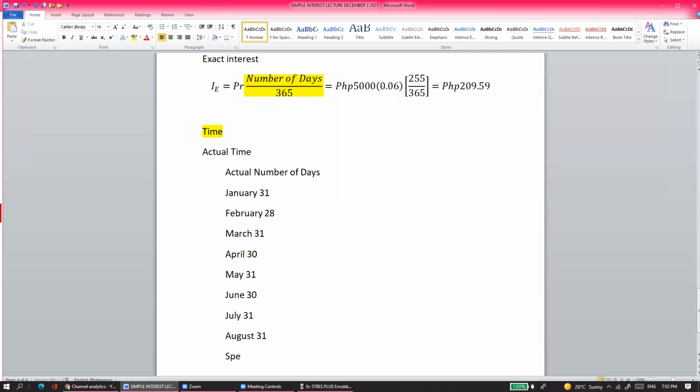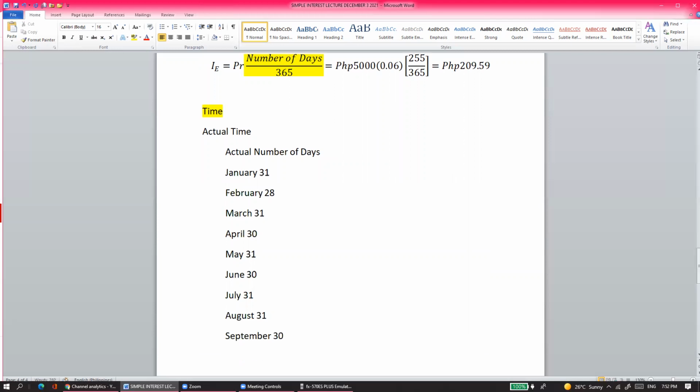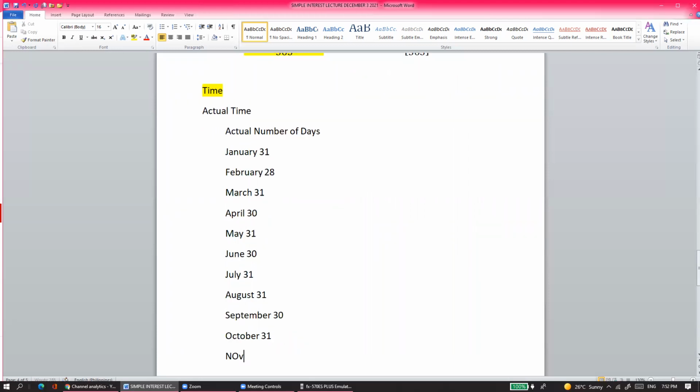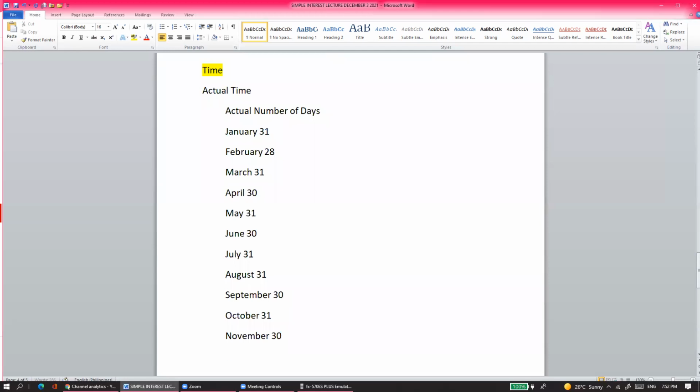And then September has 30 days, October is 31, November is equal to 30, and then December is 31. So those are the number of days for each month.